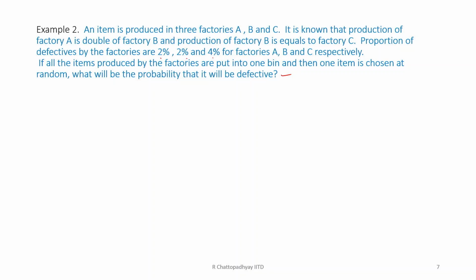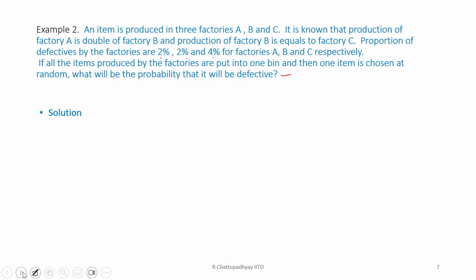So here the 3 factories are producing some item. It could be whatever item we can say. If it is a garment factory, it is manufacturing shirts or trousers, or in the case of spinning mills, it could be cheeses or cones, whatever items are produced.